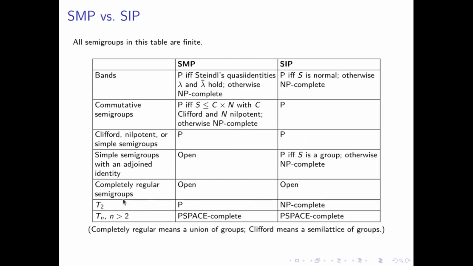But for the transformation semigroup T2, SMP is actually easier. In this case, SMP is in P, but SIP is NP-complete.